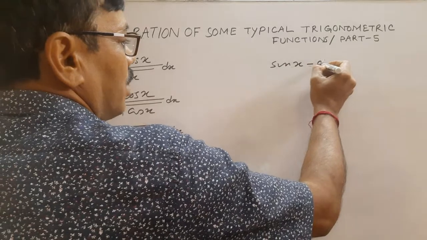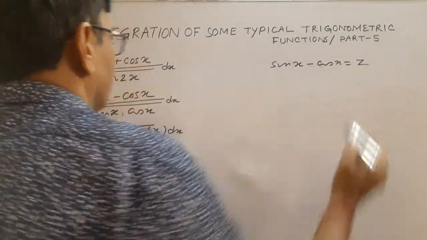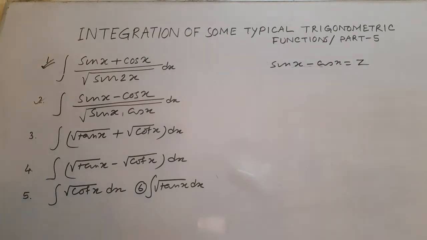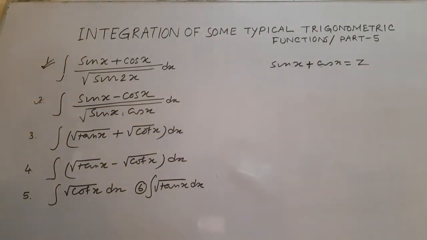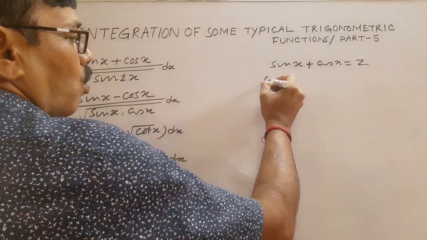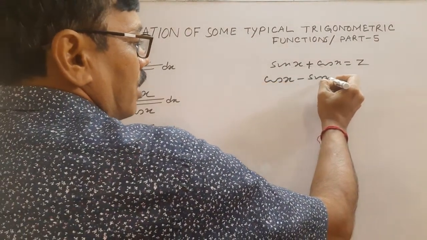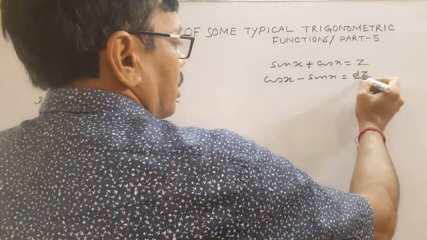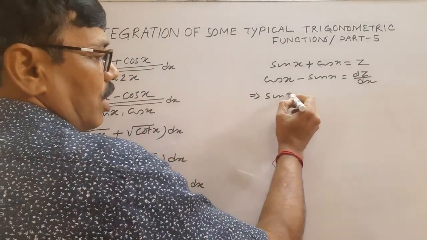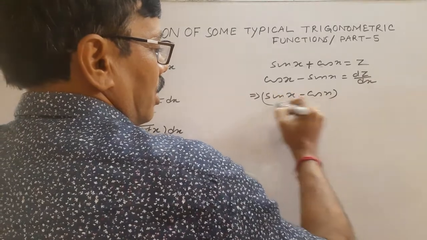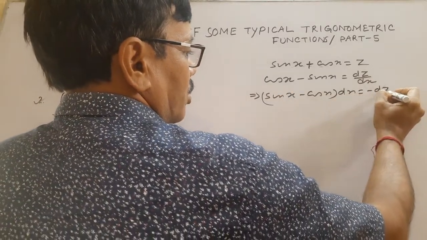So sin x plus cos x equals z. Then dz by dx is cos x plus sin x. Now the numerator is sin x minus cos x. So sin x minus cos x into dx equals minus dz.